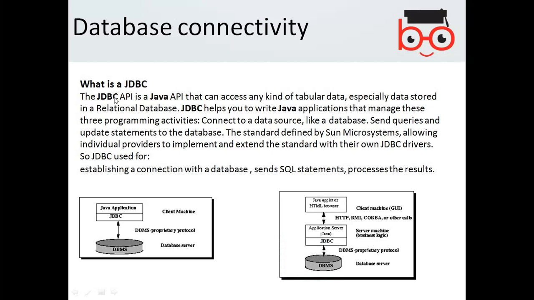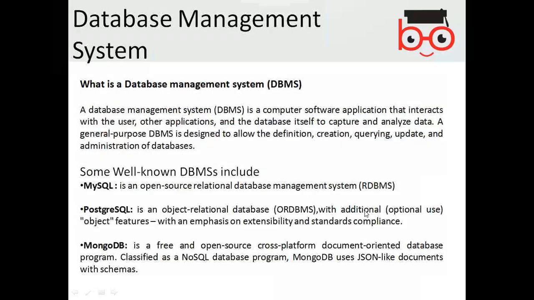JDBC is a kind of ODBC that is used to access the database from a particular application, and the application could be any Java applet, HTML browser, or any client. So overall, the database is the storage of the data, and a database management system is a computer software application that interacts with the user, other applications, and the database itself to capture and analyze the data.